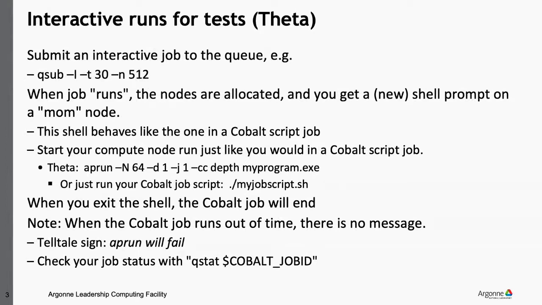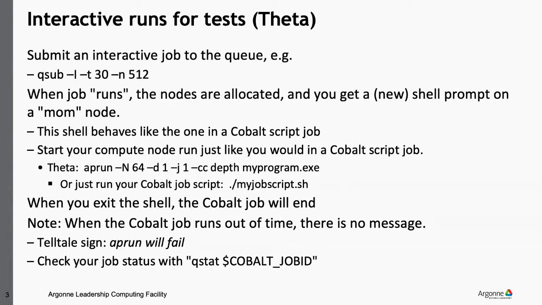It's actually on what's called a mom node, which is kind of like a service node set up to launch jobs from. In fact, when you submit a regular job with a script, the script runs on a mom node. This is Cray terminology. When you get that shell prompt, just realize it's not on the same login node that you were on.